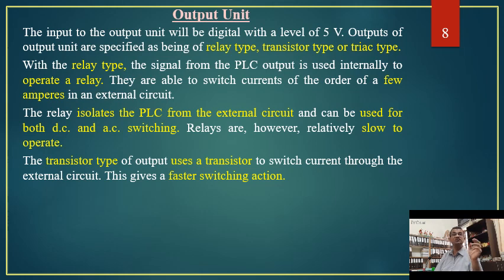And a transistor has no moving parts, unlike a relay. That is why transistors are much faster when compared to relays. Wear, tear and heat rise are all very less in a transistor because there are no moving parts in transistors.